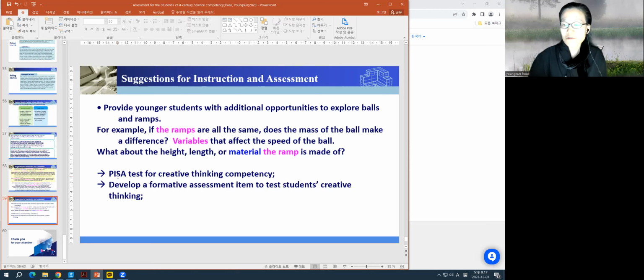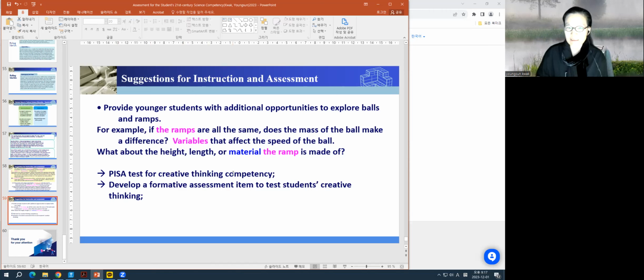So, in conclusion, the PISA test for creative thinking competency was introduced. If you go to the PISA website and search for creative thinking competency assessment, they released creative thinking competency assessment items as well.